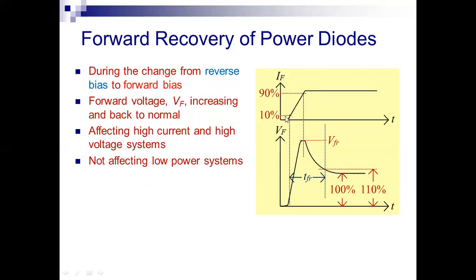The current also comes towards the steady condition the same way, with a small rise up to 10%, then increasing gradually up to 90%, and after that becoming linear, a steady condition.